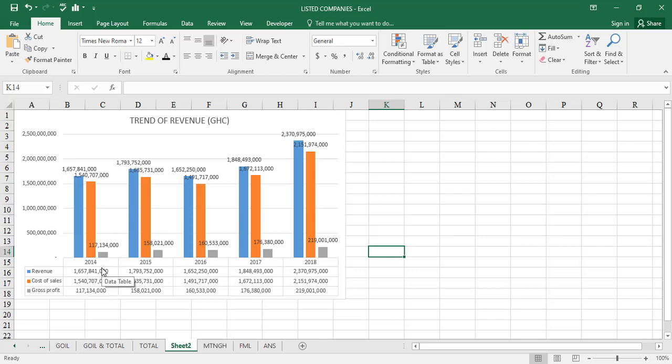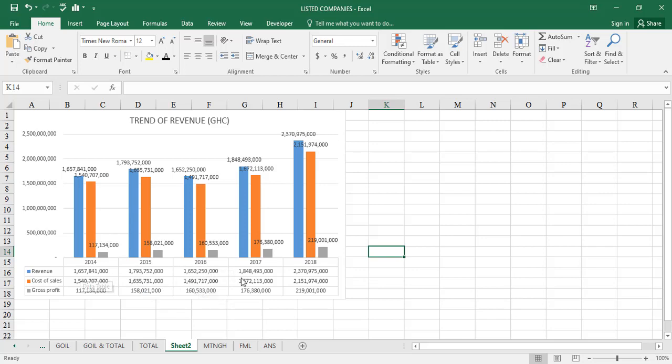We can see that in 2014 their net revenue stood at 1.6 billion Ghana cedis, and in 2017 it stood at 2.3 billion Ghana cedis, with the least amount being 2016, where revenue declined from 1.7 billion in 2015 to 1.6 billion in 2016.